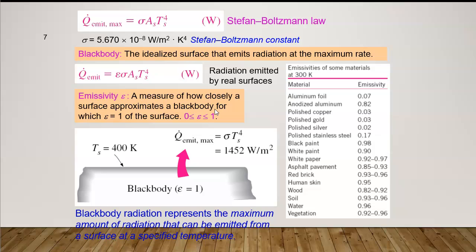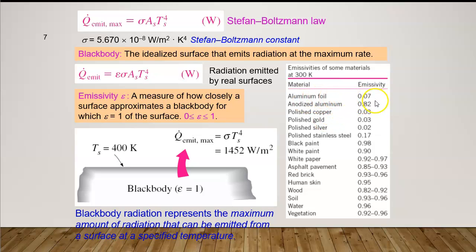Black body means it emits 100%. Whatever is transferred to the body, the material, it will transfer everything back.